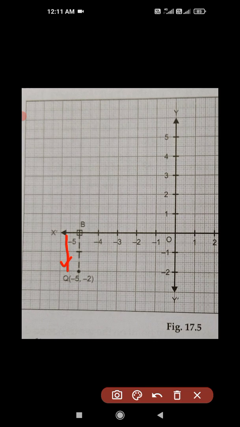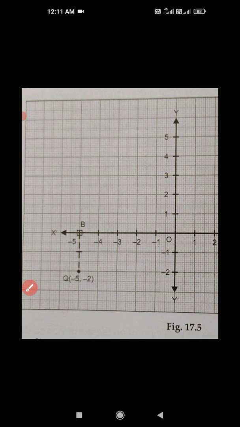So this way also you can find the position of points. I hope you find this easy. This is how we find the location of points on a graph paper, and we call this plotting of points. So after plotting points in a graph paper, we will be able to do the exercise.